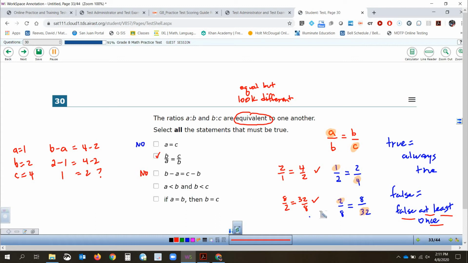We had, over here though, right? We had A was 2, and B was 8, and C was 32. Does it work for that one? A is less than B, and B is less than C. So it worked for that one as well, right?